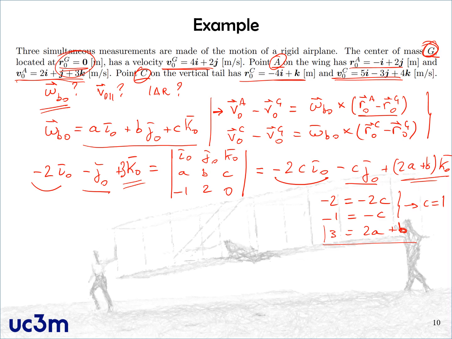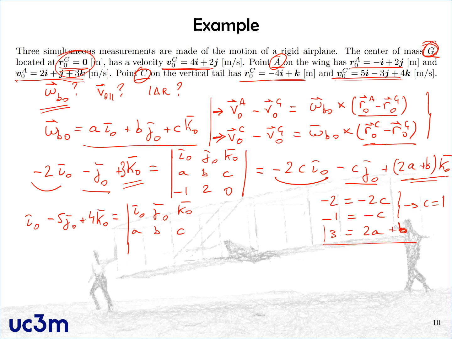So let's do the same thing with the second equation here. So we have that the velocity difference between C and G is i0 minus 5j0 plus 4k0. And we have to equate that to the determinant of a, b, c and the difference of the position of these 2 points.